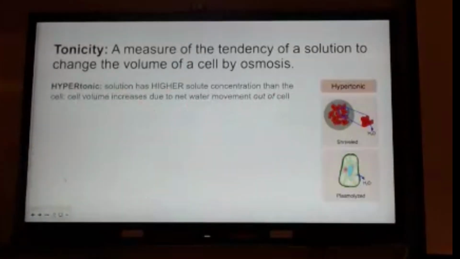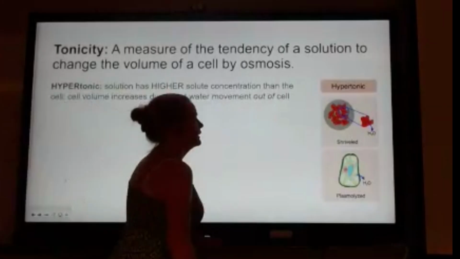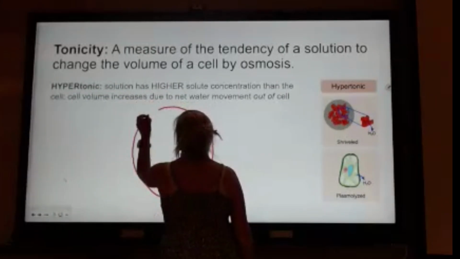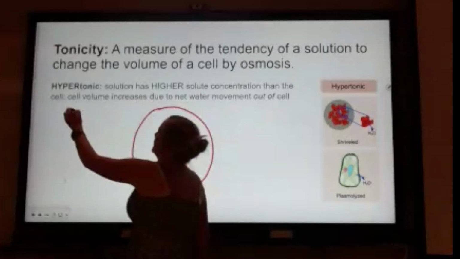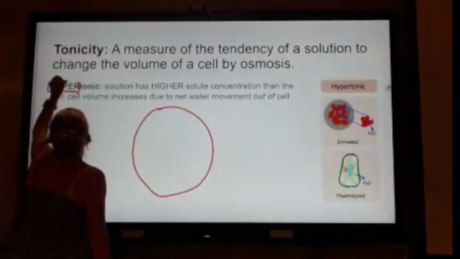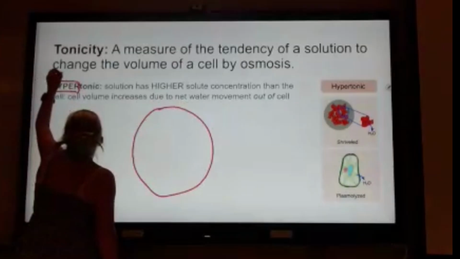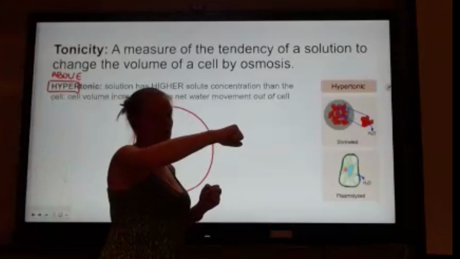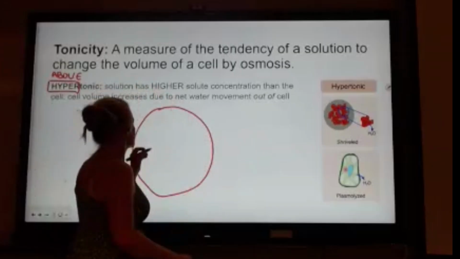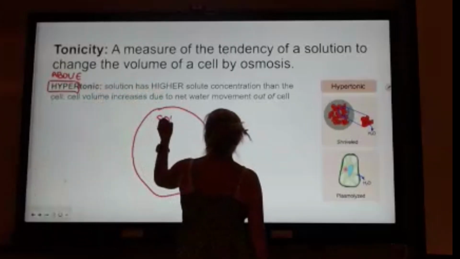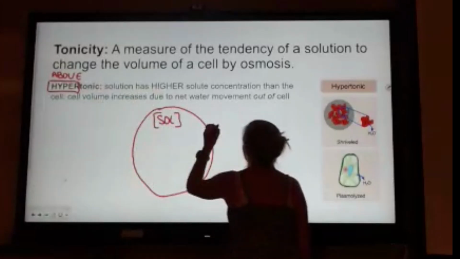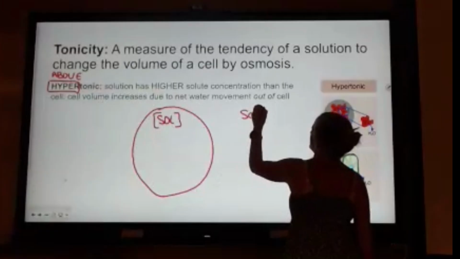Hypertonic solutions, it's the opposite. The word hyper means above. So we're going to keep the concentration of solutes inside the cell constant. Well, let me do it this way.